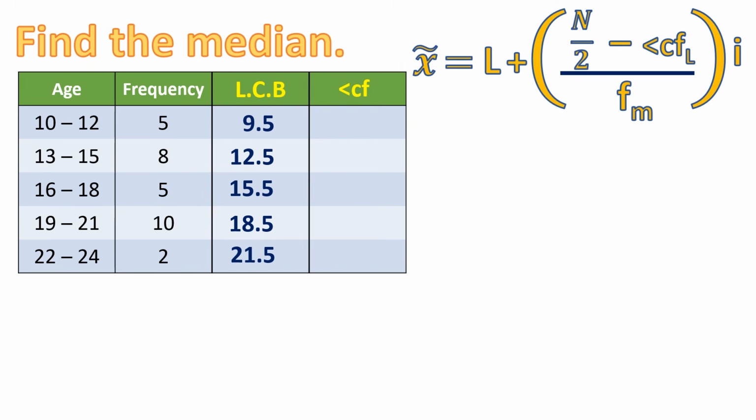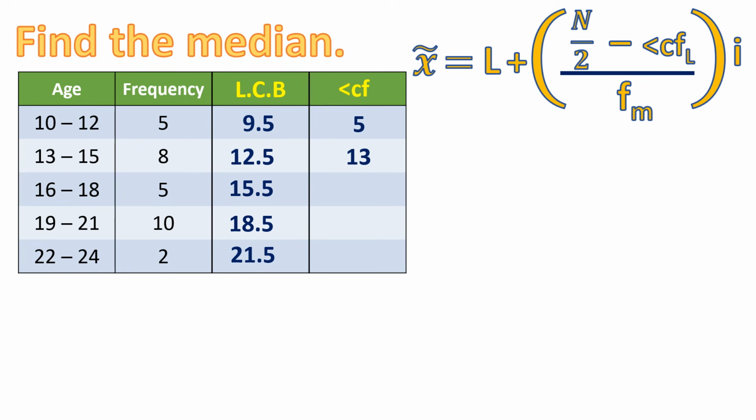We base the values of this column on the frequency. For the first row of the less than cumulative frequency, we just copy the frequency from the topmost row, which is 5. Then we add this 5 to the next frequency: 5 plus 8 is 13.